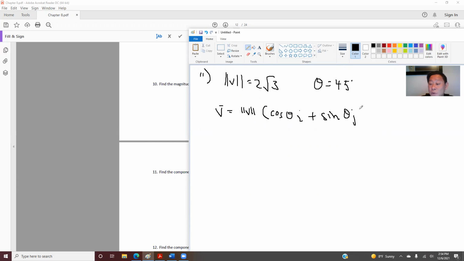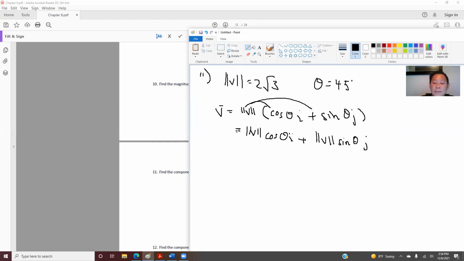Don't forget, it's very similar to your unit circle: x is cos, y is sine. We can distribute this, so it's the magnitude of v cosine theta i plus the magnitude of v sine theta j.